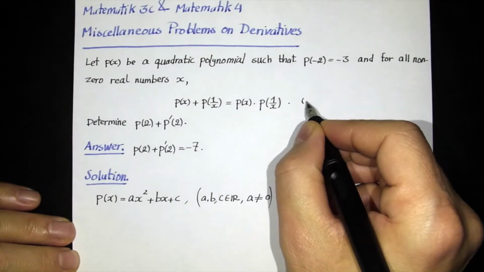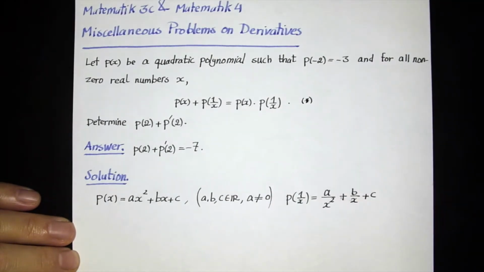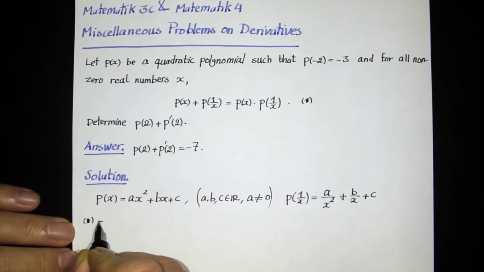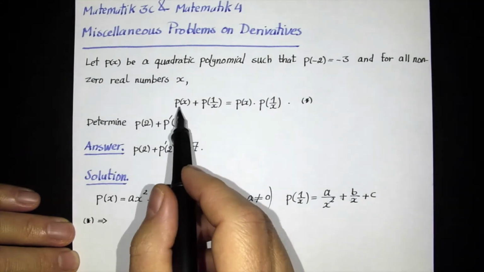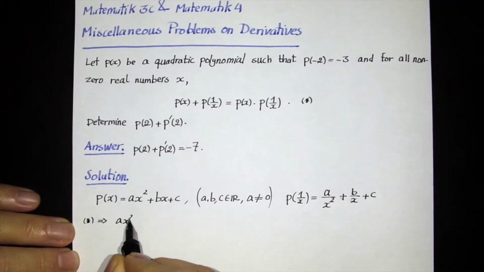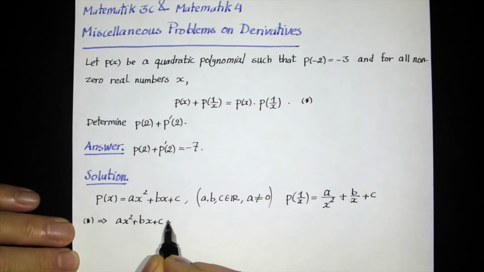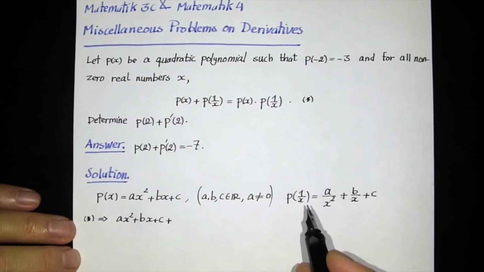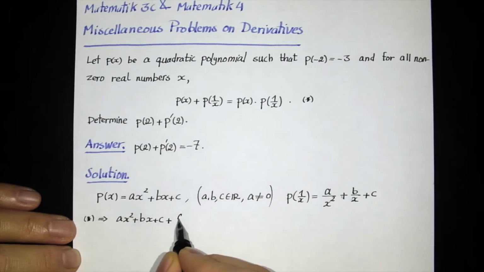Let me give this relation a name, star. From star and what I have written so far, I can conclude: instead of p of x, I substitute ax squared plus bx plus c, plus instead of p of 1 over x, I substitute a over x squared plus b over x plus c.